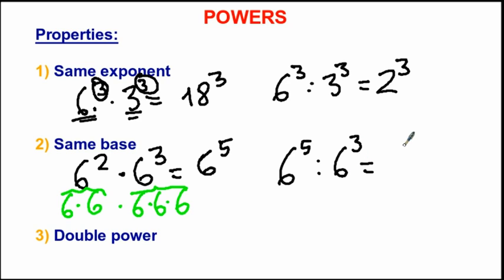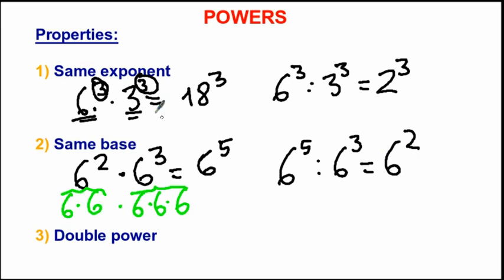So the result is the same base, and the exponent is the subtraction of these two exponents. 5 minus 3 is 2, so the result is 6 to the power 2.